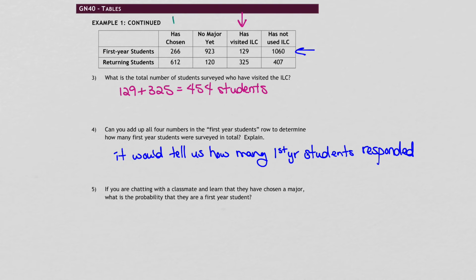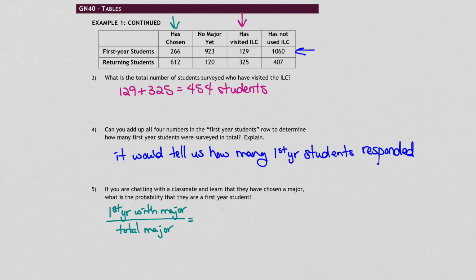So if we're looking at those who have chosen a major, so our probability would be that they are a first-year student with a major out of the total of those with the major.